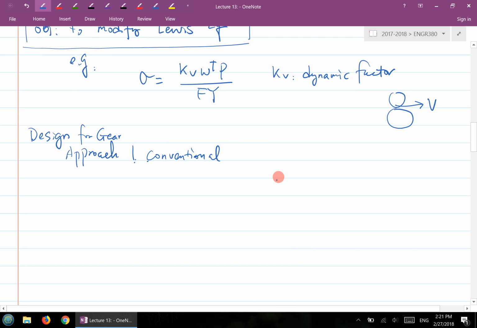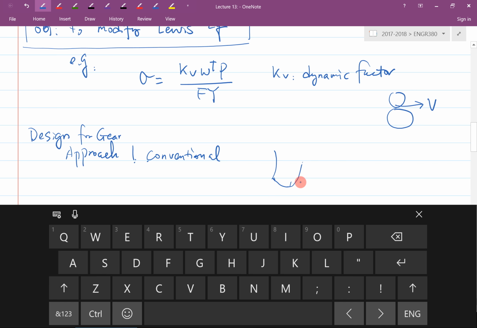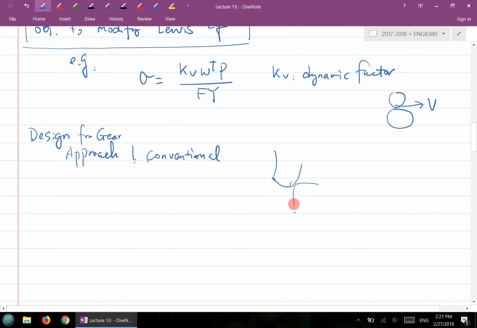So for example, let's say you have gears in contact with each other. Apparently, there's an action-reaction force like this, right?